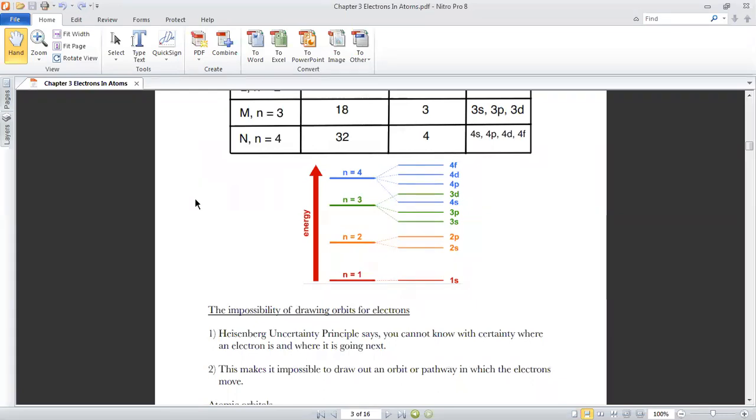So if we see a shell, it is only four lines, n is equal to 1, 2, 3, and 4. But when we see subshells, they occupy a larger space within a shell. And so much so that when we go to shell number 4, 4s is so lower in energy from the fourth shell that it has lower energy than 3d.